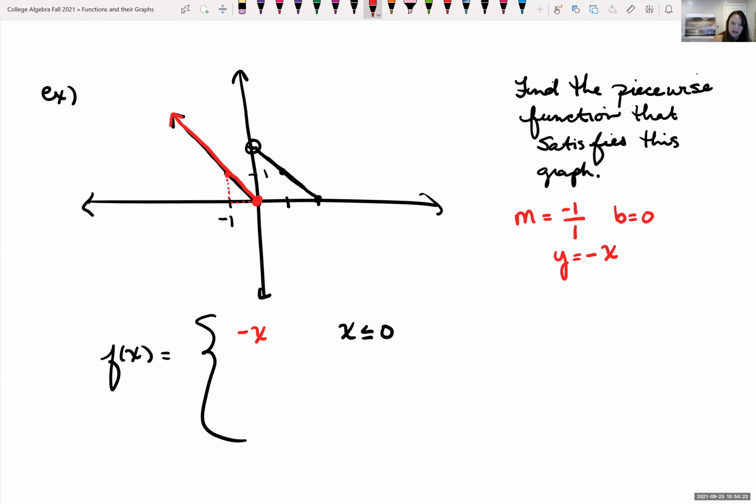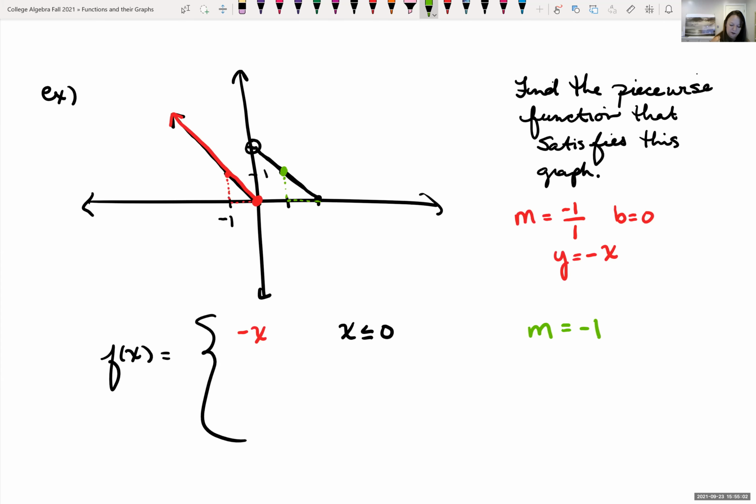Okay, so for that second line, to the right of that first one, I am looking at a point, and I am, again, falling 1, going over 1. So again, I can see that my slope is -1, those should look parallel.